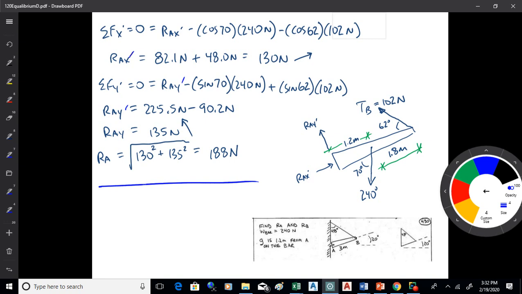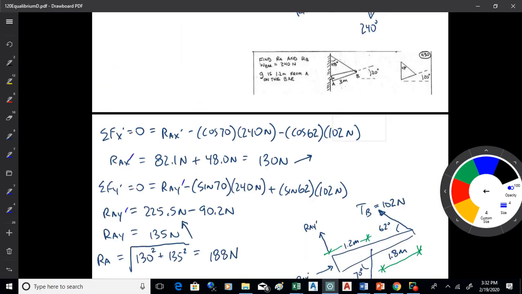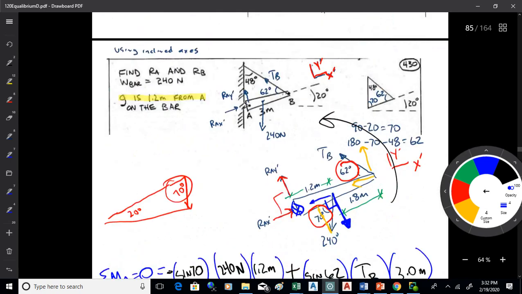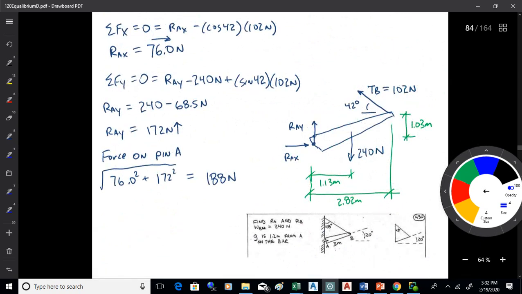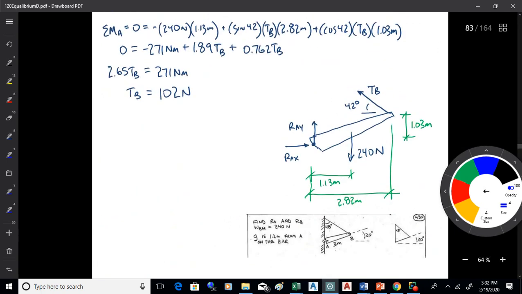All right, now let's look. Now, I don't know if you need to copy all this down, but let's have a look. Had I used standard XY coordinates, all right? Now, had I done that, I would have had to do the trigonometry to get those moment arms, X and Y, to get to that tension at B, all right? Like that. And it would have been a more involved moment equation.